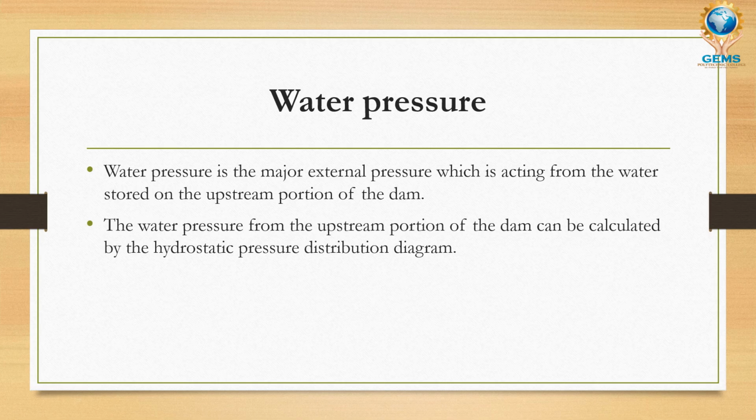That means the water acts horizontally on the body of the dam on its upstream side, like it comes and hits the dam from behind. It is generally taken as a triangular shape, and thus it is shown as a hydrostatic pressure distribution diagram in the next slide. Let's move on.